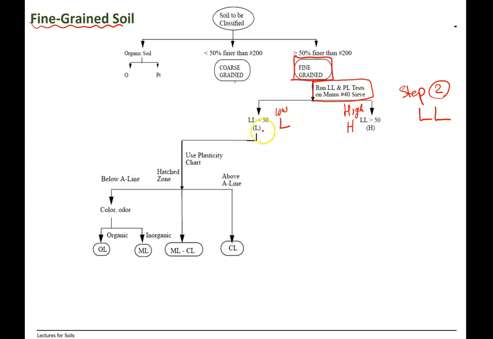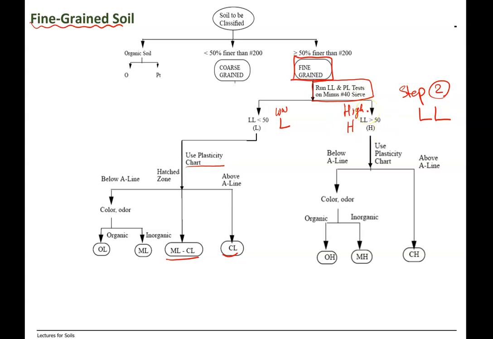If we have a low plasticity material, then you need to use the plasticity chart. Using the plasticity chart, you come up with the final symbol. So we will go over this later. But here you need to use the plasticity chart. You find your point to see if it's above the A line or below the A line, or if it's in the hatched zone, and then you come up with your final symbol.